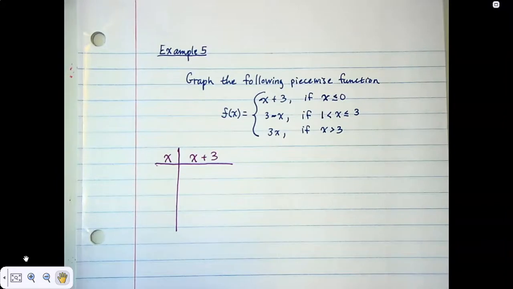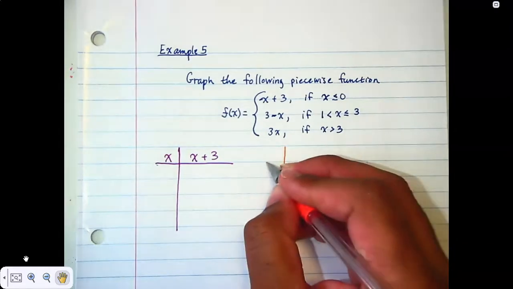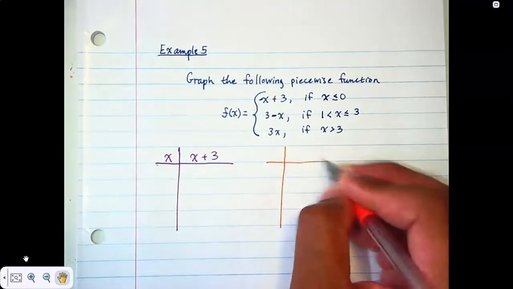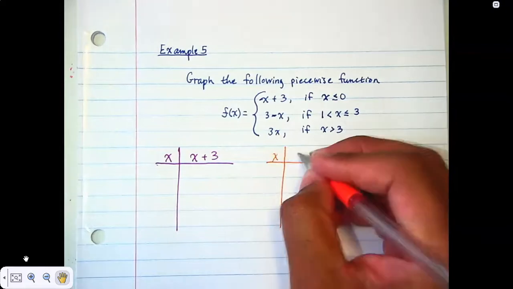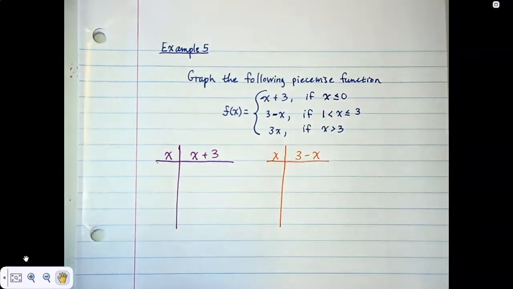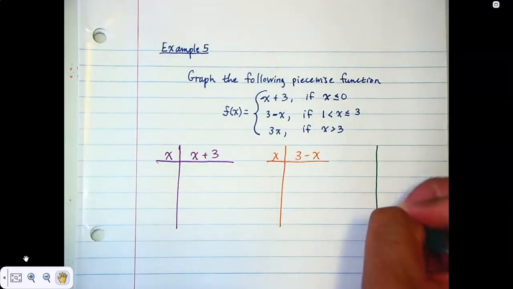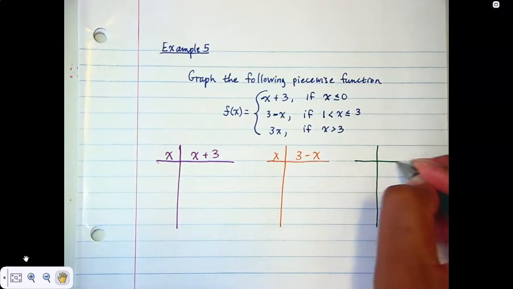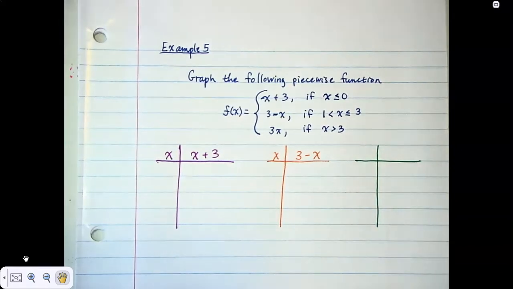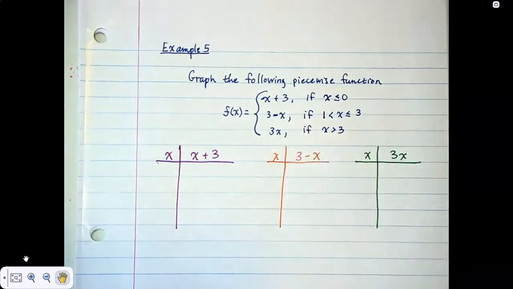All right, our second table, we have x here, and then we have 3 minus x. And then for our last table, third table, because again, remember there's 3 equations here, so there's 3 tables. To x, and then 3x is the equation.